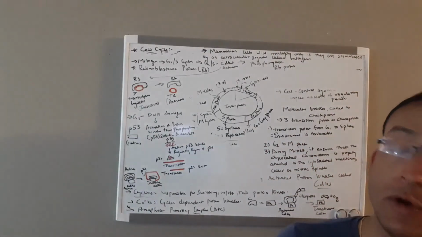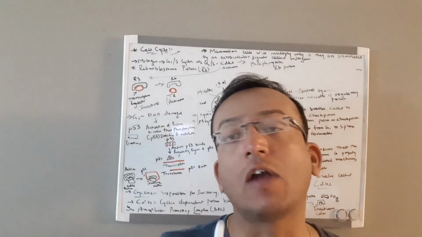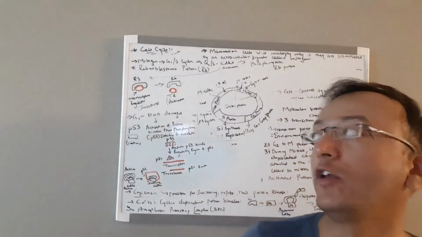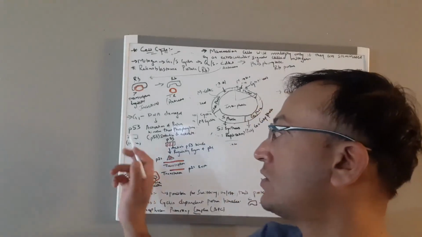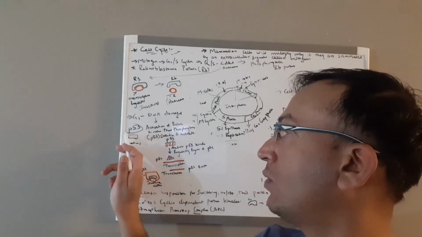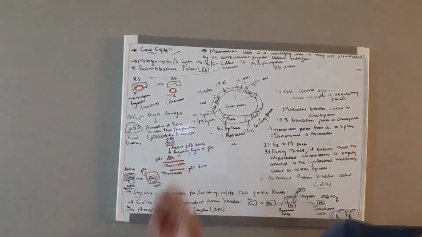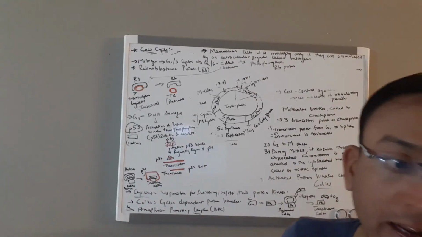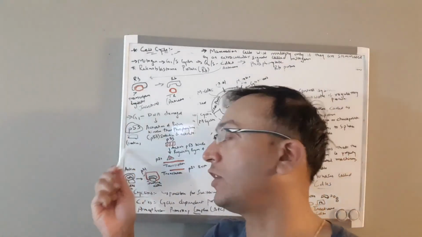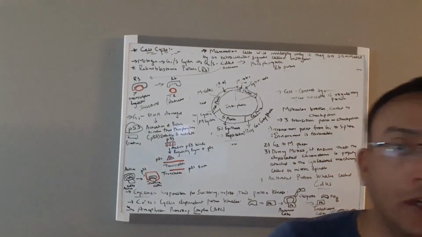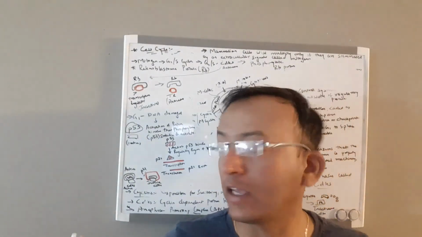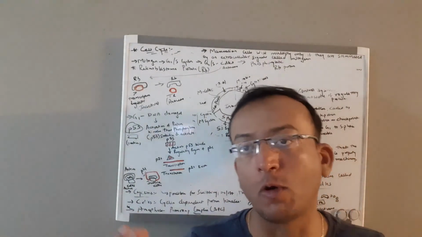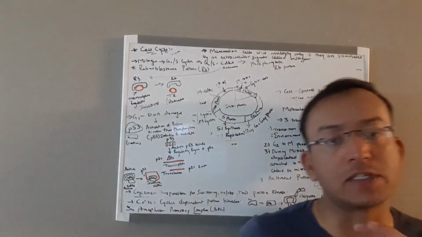In fact, mutations in the P53 gene are found in about half of all human cancers. If this gene P53 is mutated, it is found in half of all human cancers.